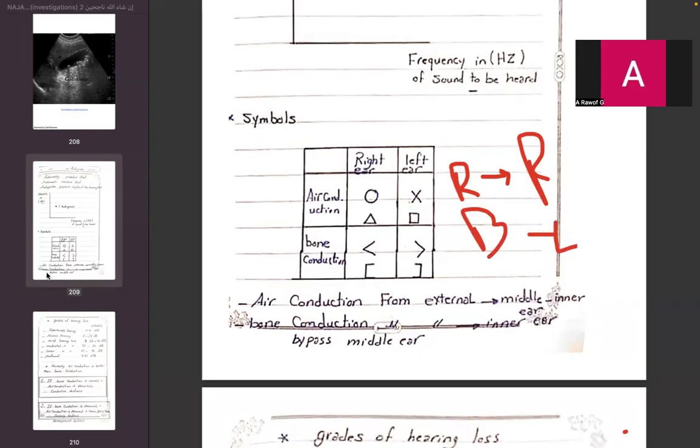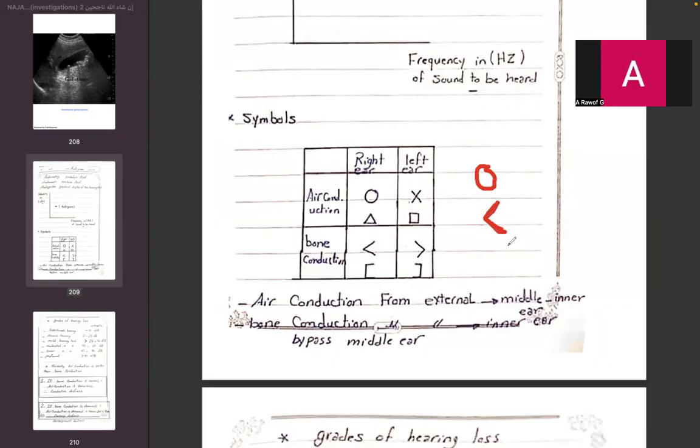Next, for the right ear air conduction unmasked, you will use O, and for right ear bone conduction unmasked, you will use open bracket, or less than.